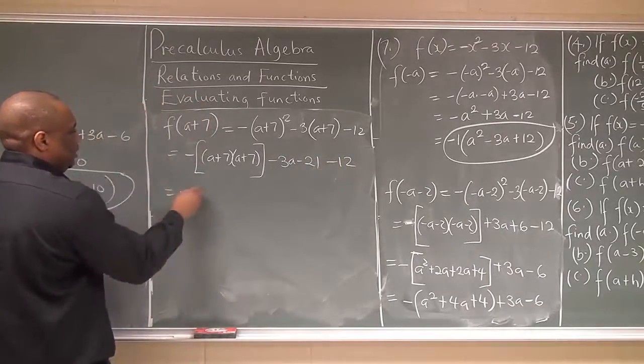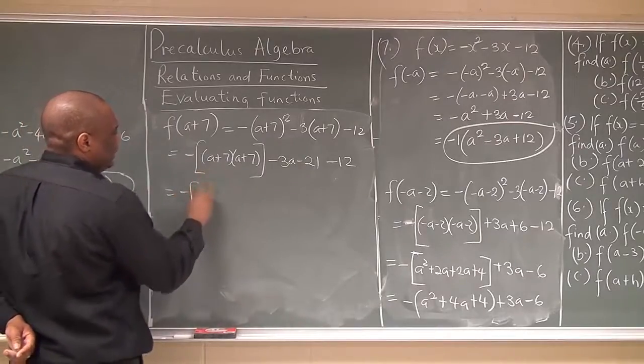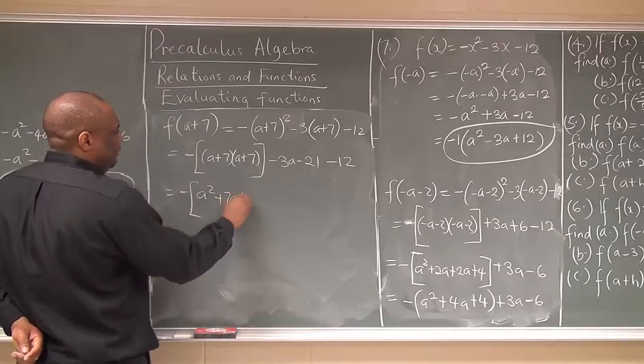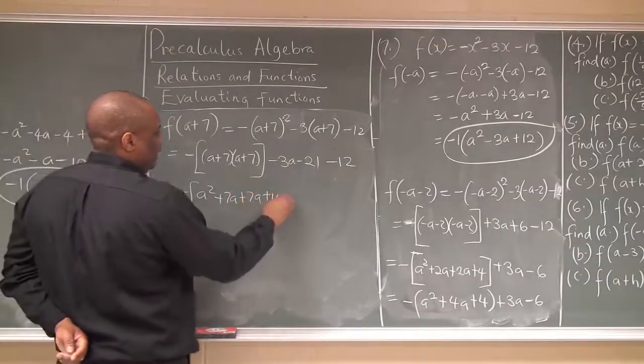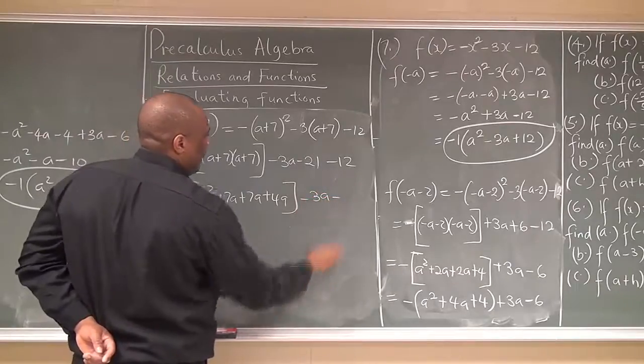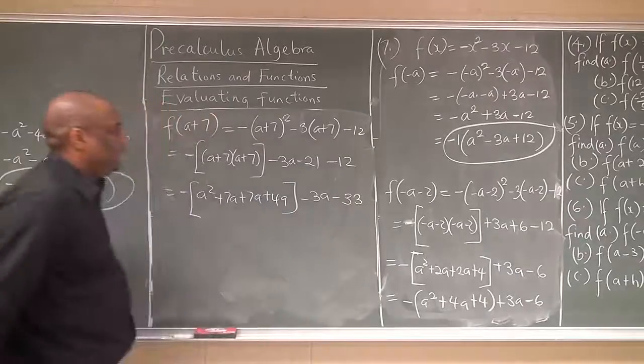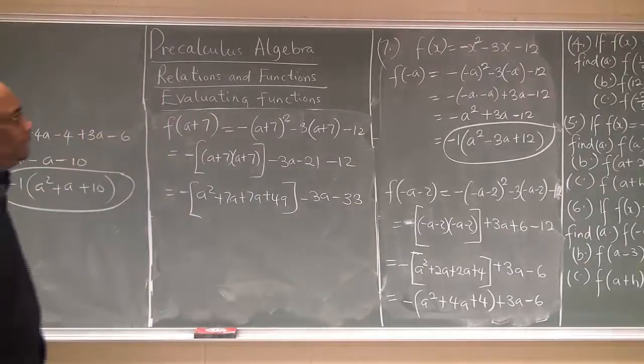So this will be minus, I still use my bracket till I finish with this, a squared plus 7a plus 7a plus 49 minus 3a minus 21 plus 12 is 33, minus 33. Right?